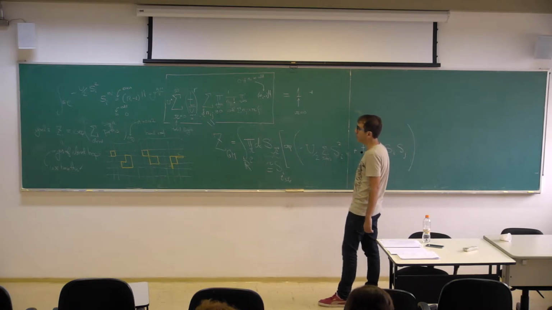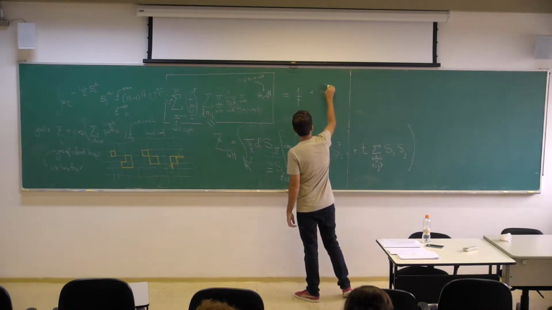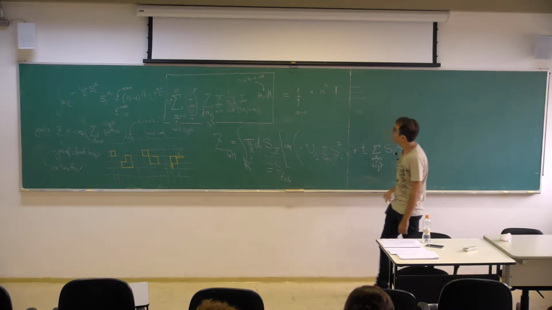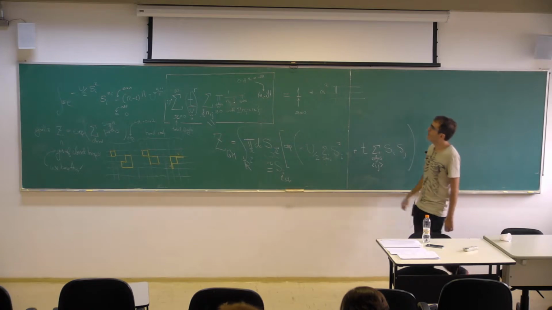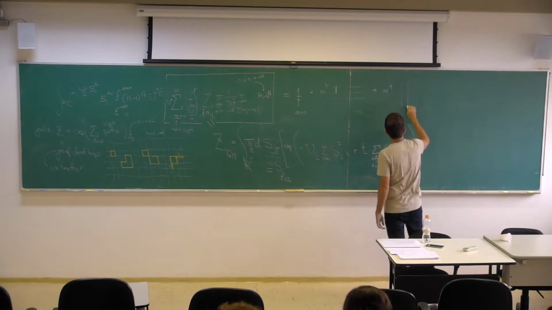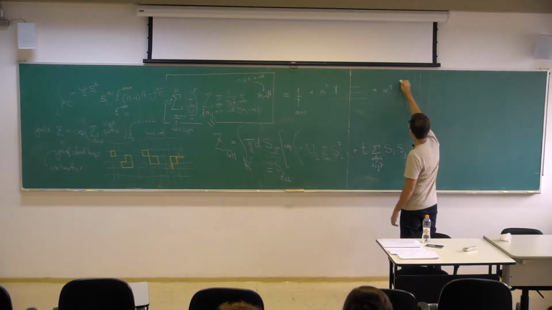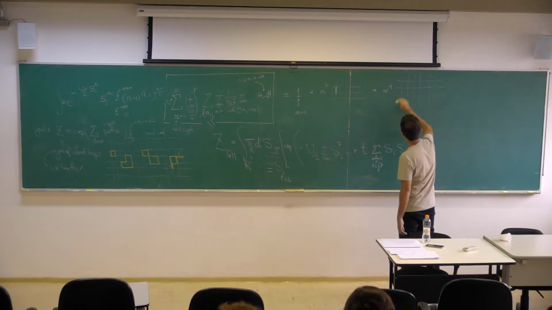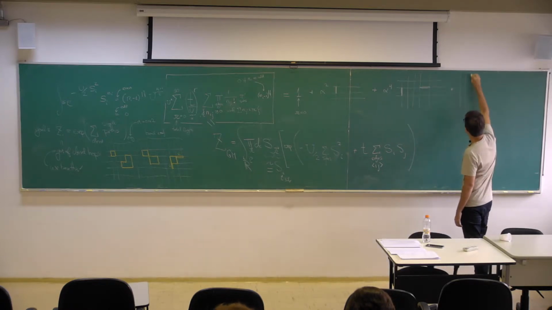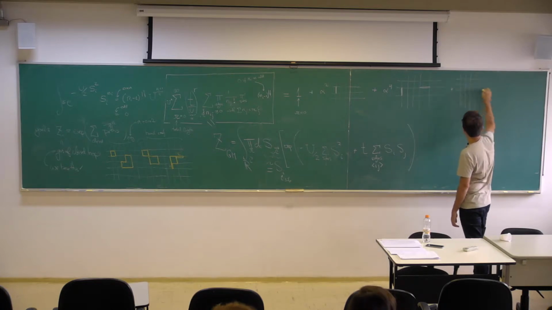If R equal to 2, it would give me alpha squared times the only possible configuration with R equal to 2, which would be this, stick up and stick down, plus alpha to the 4, and now with 4 sticks, I can either make 2 sticks like this, or I make a stick like this.